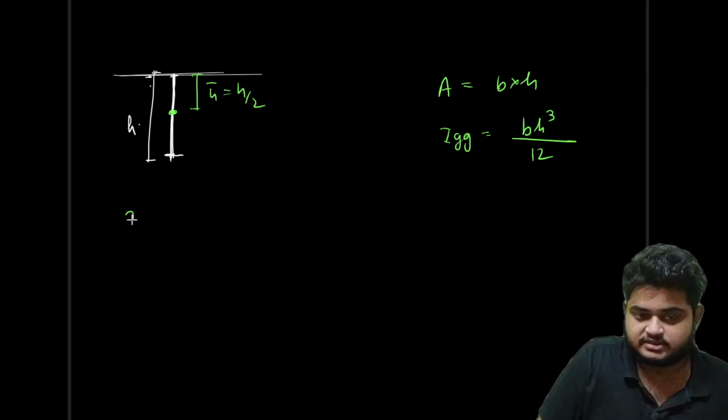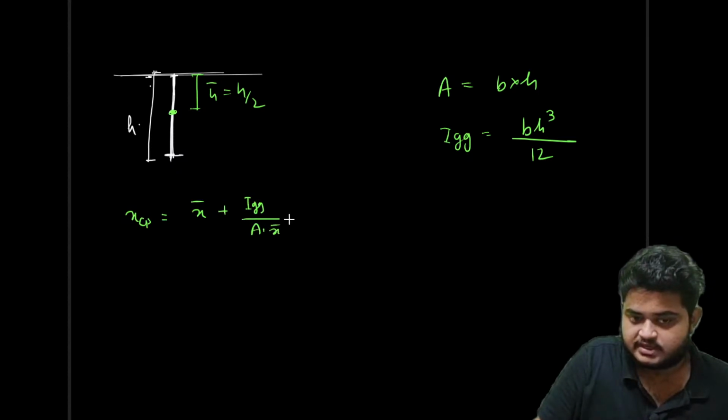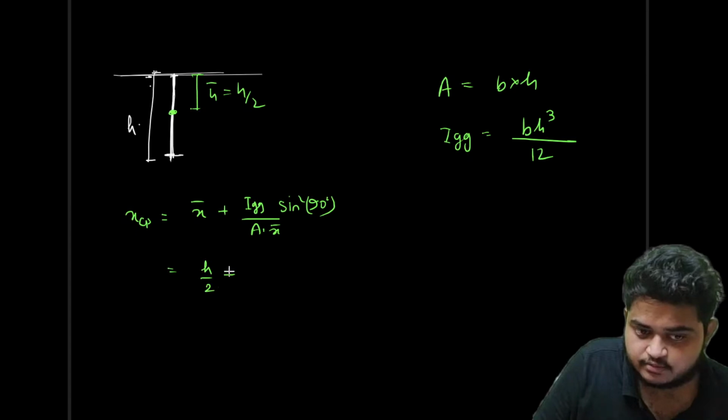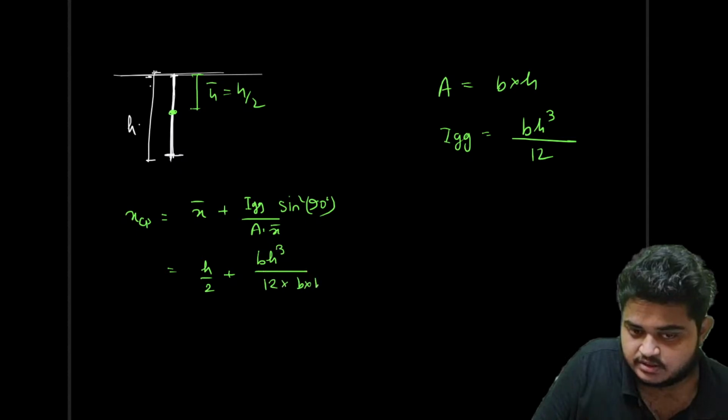Now let us calculate the x cp, which is x bar plus moment of inertia by area into x bar, again with sine square 90 degree. So it will be coming out as h/2 plus b h cube by 12 into b into h by 2.